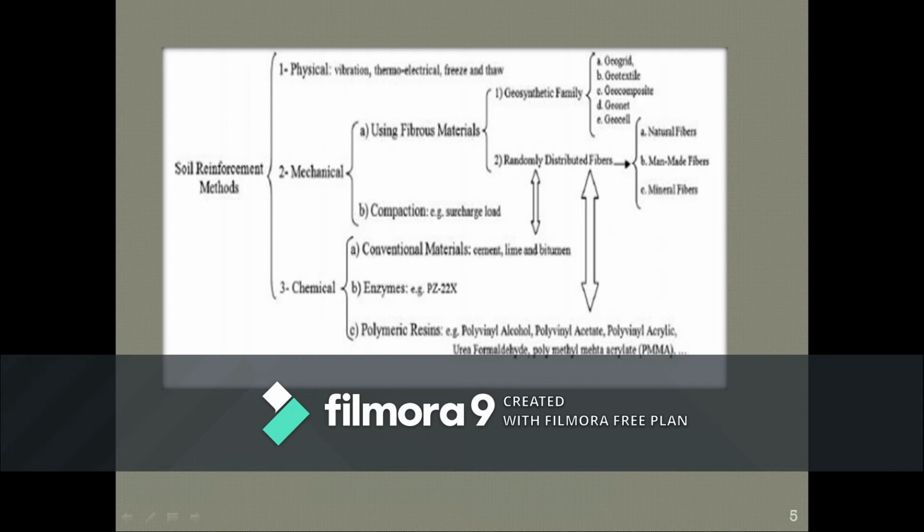So these are the reinforcement methods which in general we will be using on the site. These are your methods: physical, chemical as well as mechanical, and different types of synthetics and natural fibers we use for reinforcement.